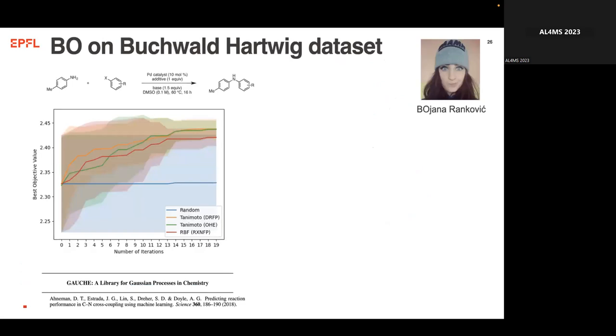Bojana, my student, worked with GAUCHE to use those different reaction fingerprints, and made some experiments on the Buchwald-Hartwig dataset I was just presenting. The task here is to optimize chemical reaction yield, like what you get as the output of your reaction.